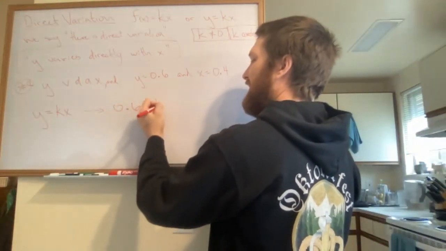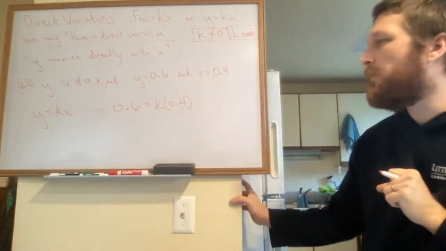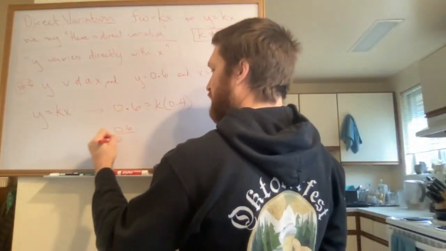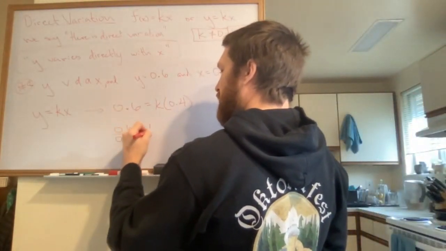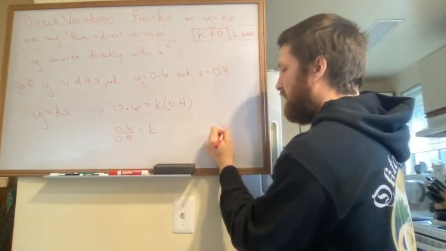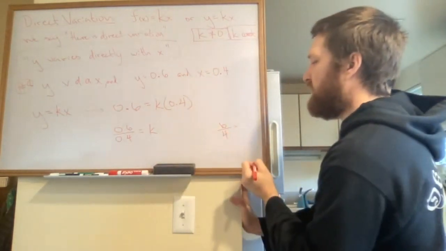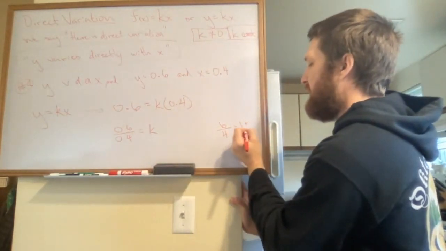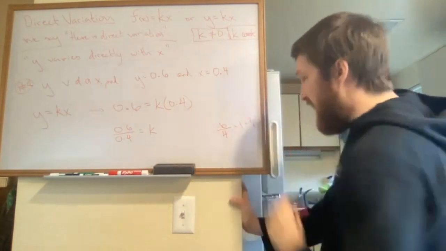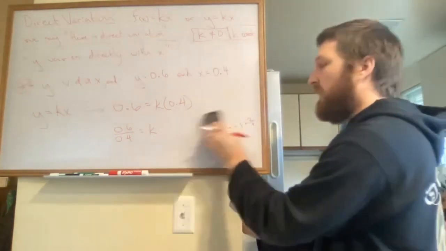Now you divide both sides by 0.4, and you should get 1.5 for k. 6 over 4 is 1 2/4, and 1 2/4 is 1.5. Good.